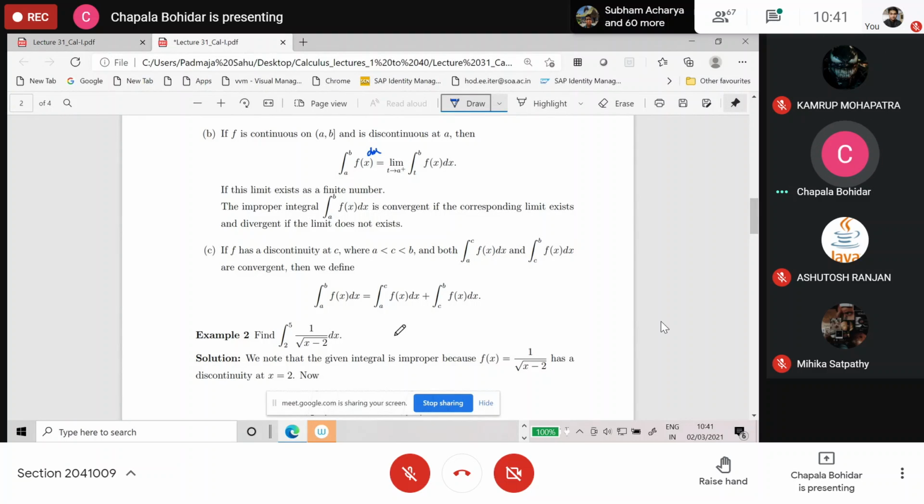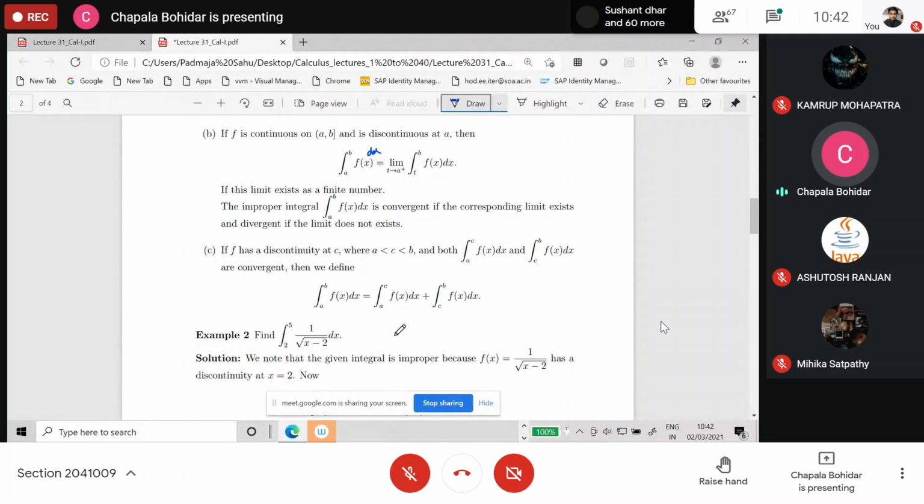Improper, because it is discontinuous at x equal to 2, undefined at x equal to 2, where 2 is in our interval 2 to 5. Is it not?